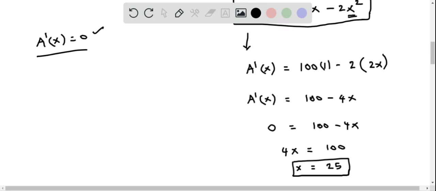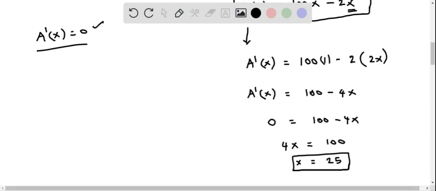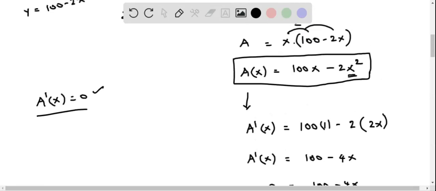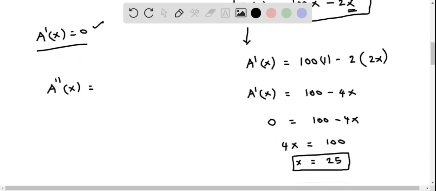Now we have to verify if at this critical point the area is maximum. For that we are going to use the second derivative. So let's find the second derivative of the area function. I'm going to use the first derivative, 100 minus 4x, and to find the second derivative we differentiate this.